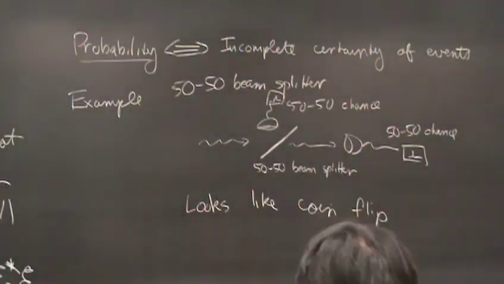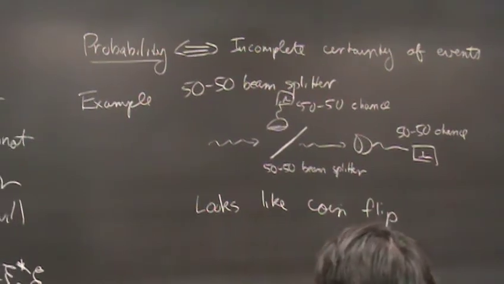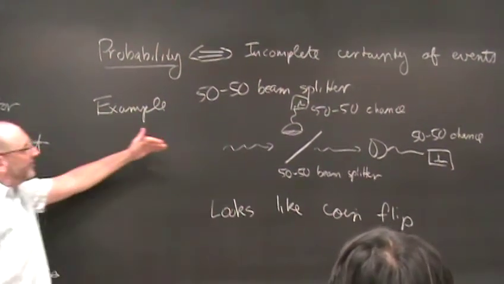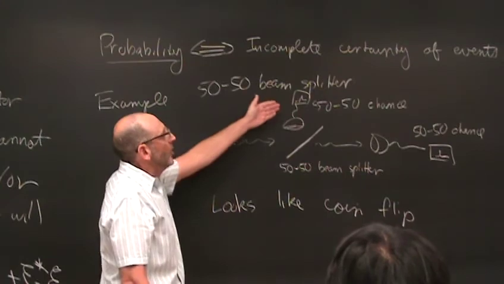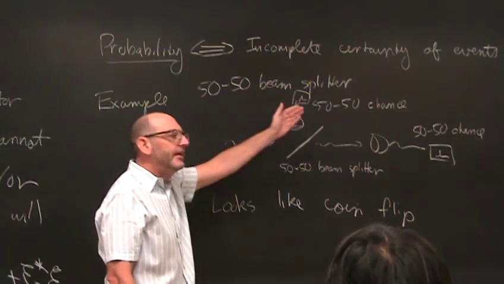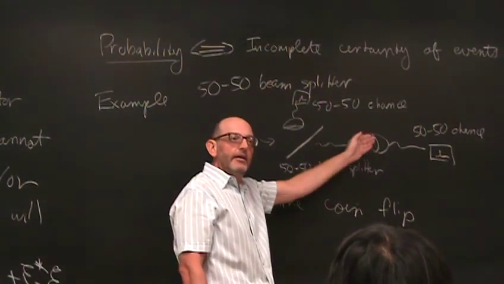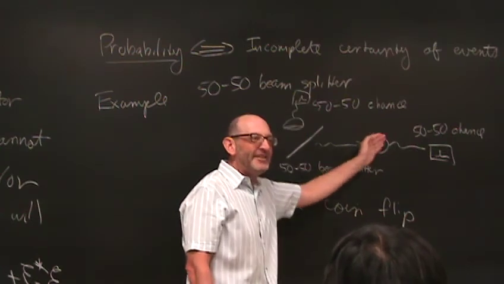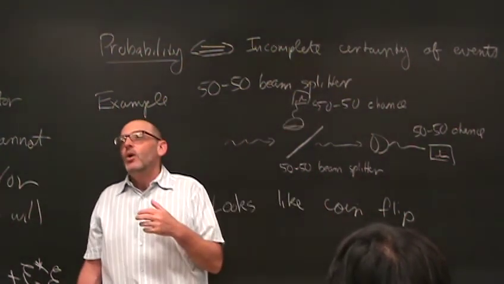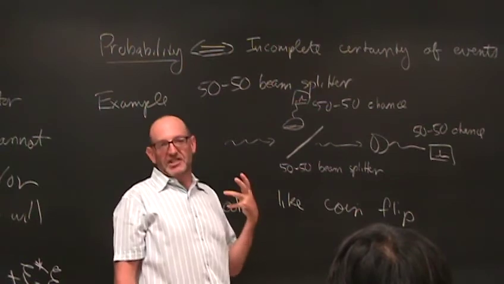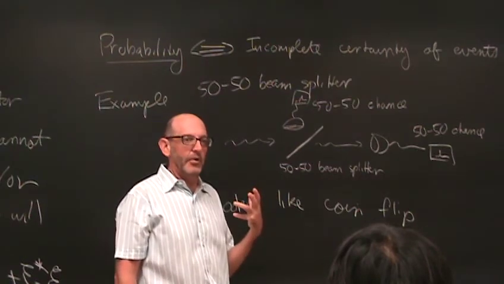So this classical idea, what would happen here, if I sent a laser beam in here, where half the intensity is transmitted and half of the intensity is reflected, well, that's in some sense an average phenomenon, right?